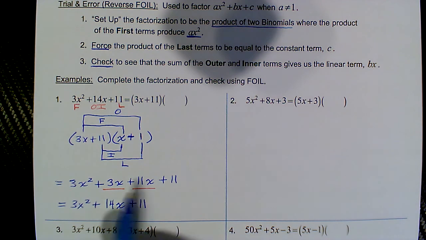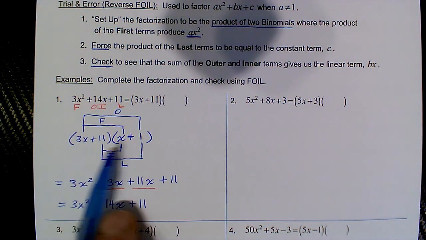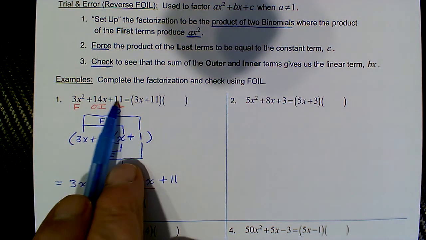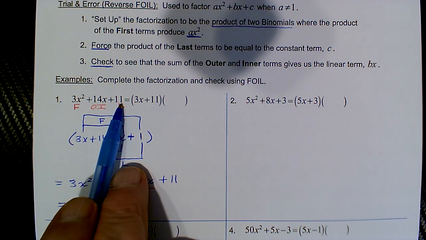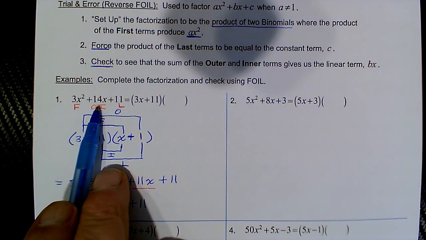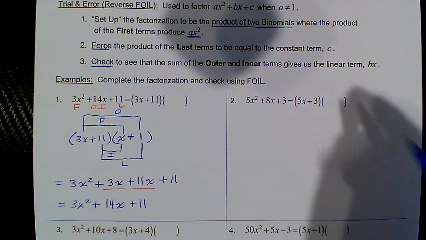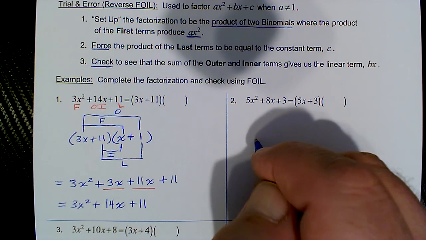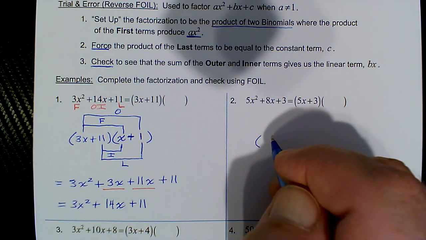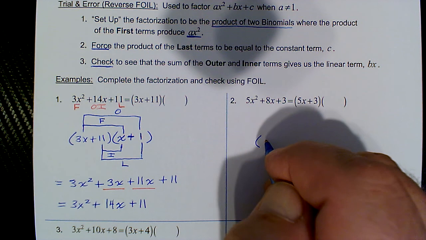But notice here how the factors of 11 are really just 11 times 1. They don't add to 14. And that's because of the weight of these first factors, the fact that this is 3x rather than just x. So that's why the method of factors that multiply to give you the c and add to give you b do not work.